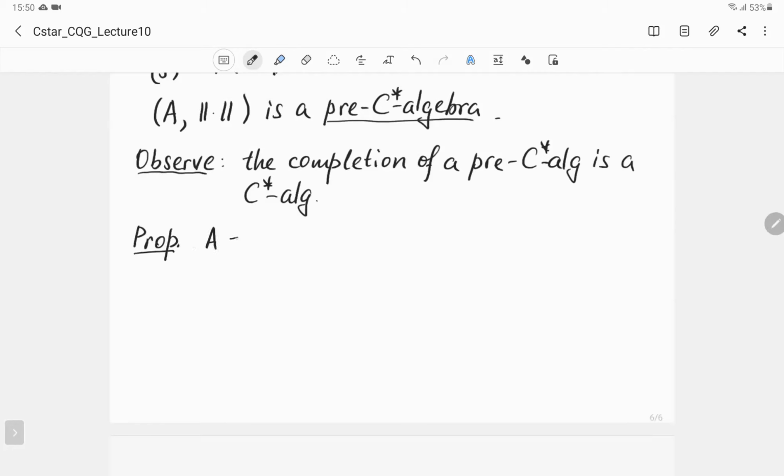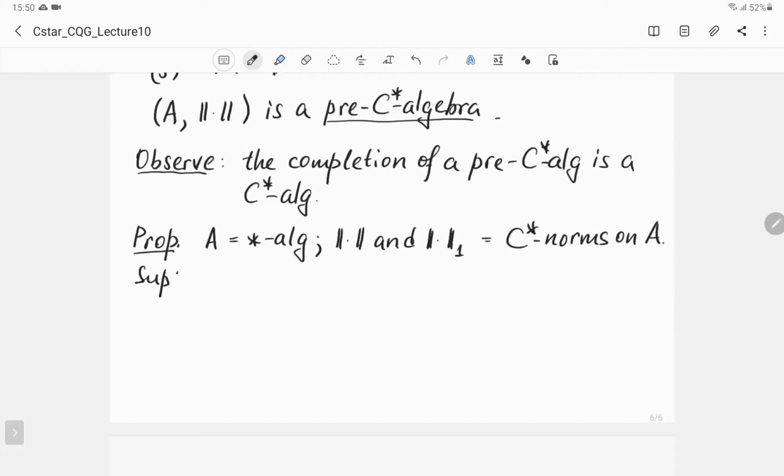Suppose that A is a star algebra, and suppose that we have two C-star norms on A. And we assume that A is complete with respect to the first norm.